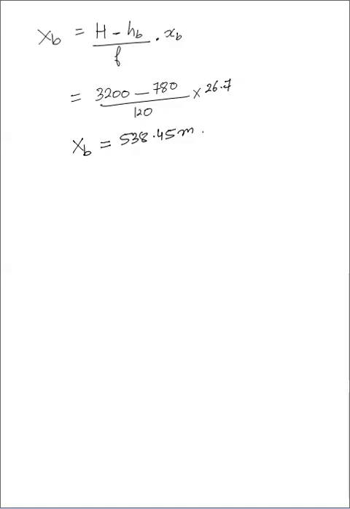So we have capital XA and capital XB. In the same way we will find YA and YB. Capital YA is equal to H minus HA, again HA because we are finding for point A, upon F, multiplied by small ya.